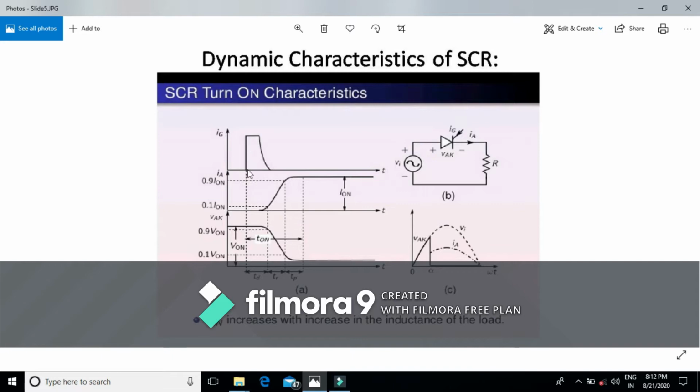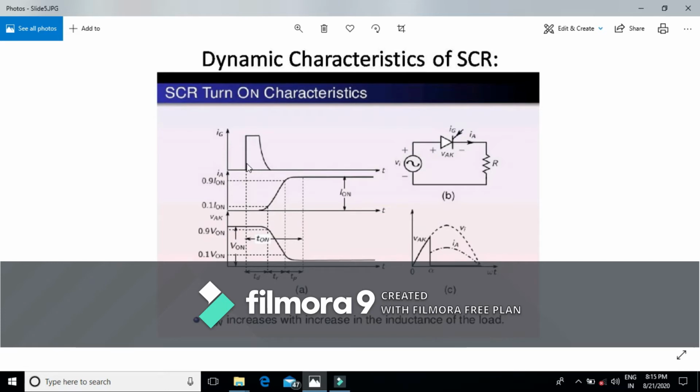The TD interval is defined when the anode current rises up to its 10%, that means from 0 to 0.1 I on, and the anode to cathode voltage, or V on, decreases by 10%, that means from 100% of V on to 90% of V on, represented by 0.9 V on.